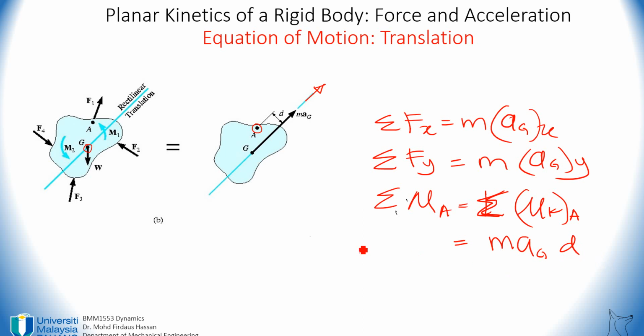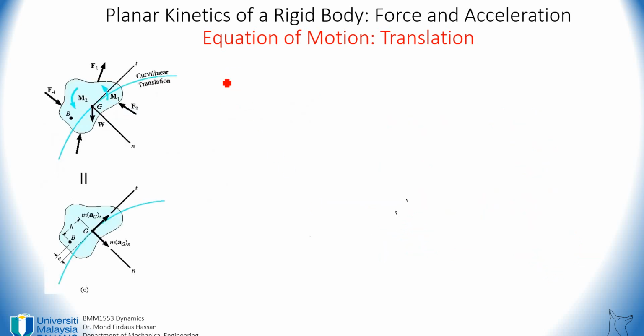That is the equation for moment: summation of moment at A is equal to m a_G times d.